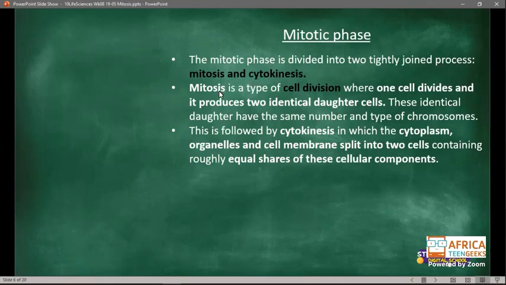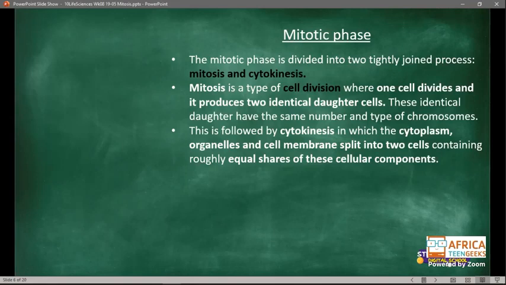Now mitosis, as we said yesterday, is a type of cell division where one cell divides and it produces two identical daughter cells. Maybe your textbook might say where one nucleus of a cell divides into two identical nuclei. So mitosis is about the division of the nucleus, and cytokinesis is the division of the cytoplasm.